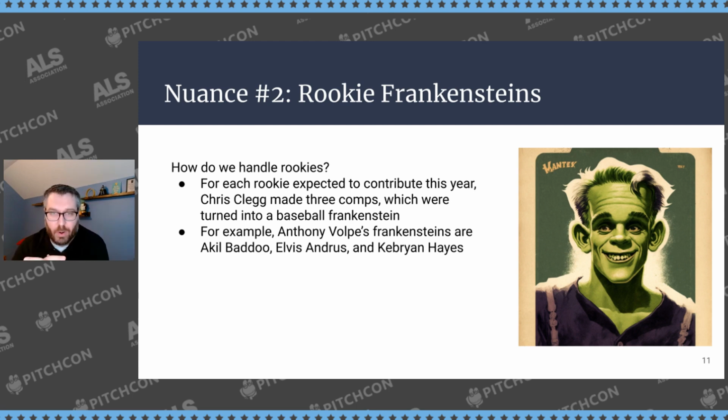So Chris Clegg did some awesome work to make some comps for each rookie who's coming up. For example, Anthony Volpe's Frankenstein players are Baddoo and Andrews and Hayes. So what we do here is take one part of each, and we're creating this little Frankenstein player that's just for him.